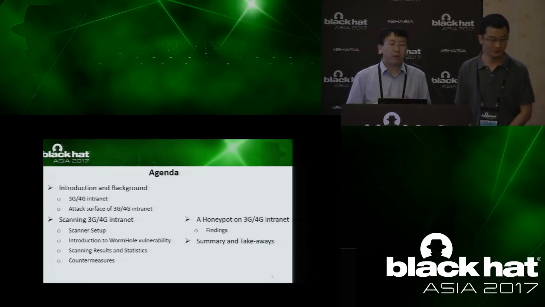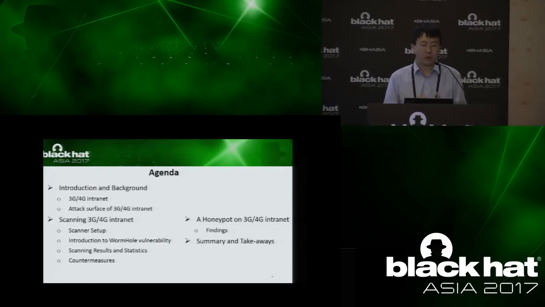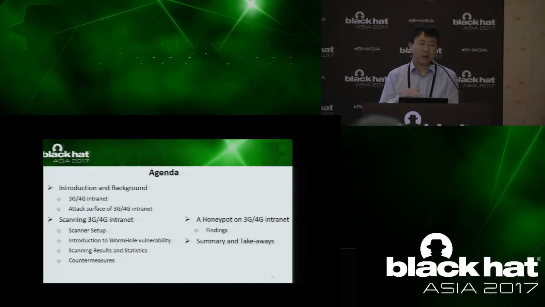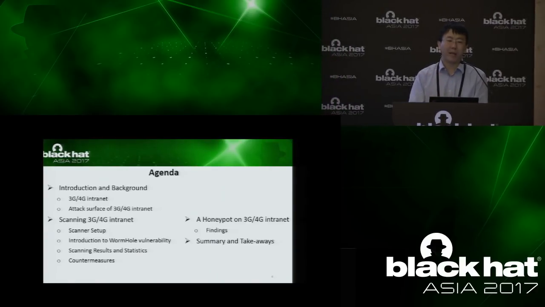Okay, so let's come back to our topic. Today we are going to give you around 4 sections. The first one is about introduction and background. Here I will introduce you the 3G and 4G intranet and also several attack surfaces targeting 3G and 4G intranet. And then I will introduce our network scanning work against the 3G, 4G intranet, including how we set up the scanners and also how we apply these scanners onto the WormHole vulnerabilities.